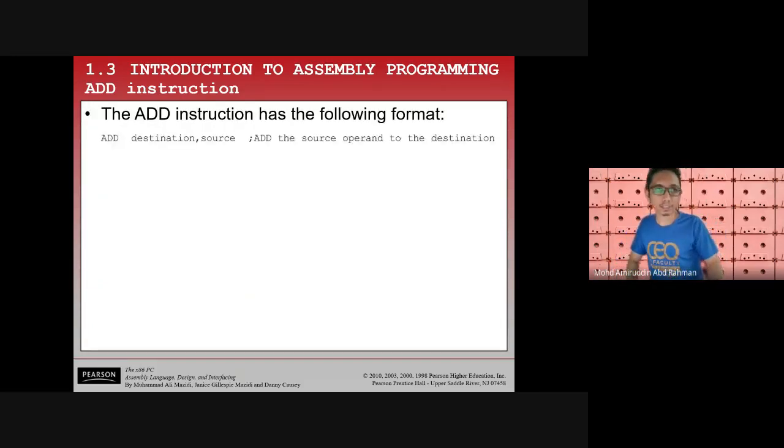Okay, let's say now we have the add instruction. Add destination, comma, source. So it's like the move as well. So we have what we want to add, we add from here, move to here.